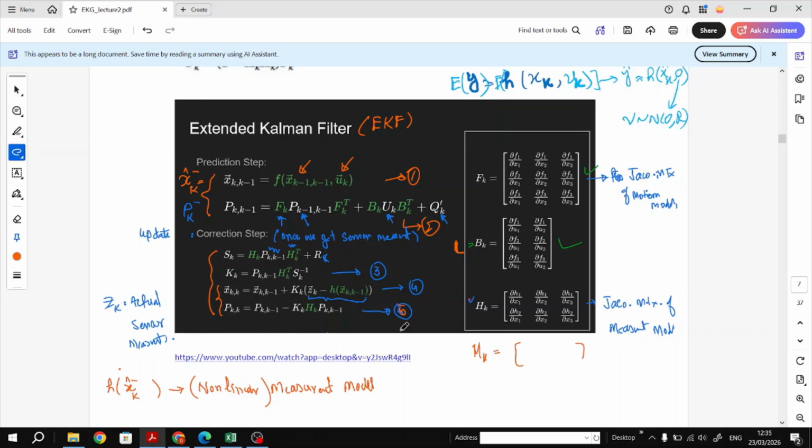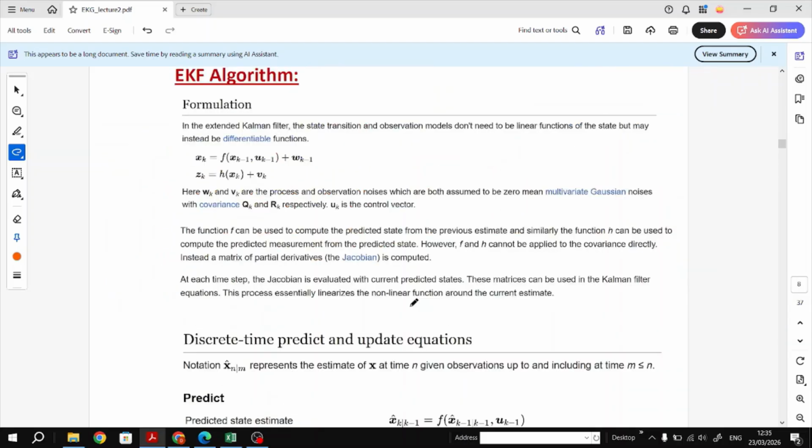So this way you recursively update: first predict, then update, predict, update your state estimation using these 5 equations for nonlinear systems as well. So here is the summary of the EKF algorithm.